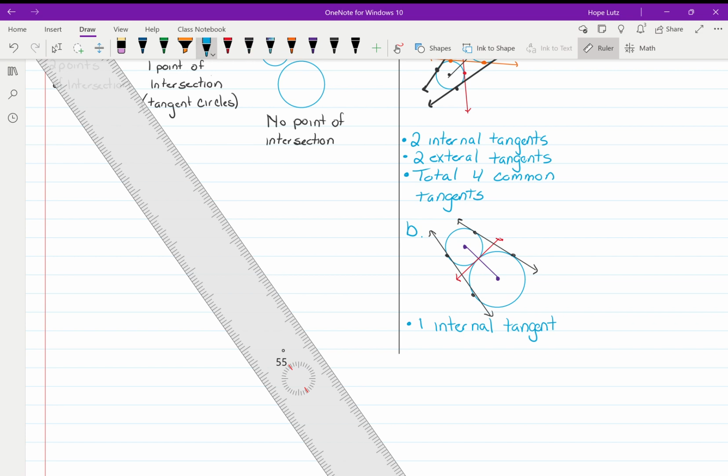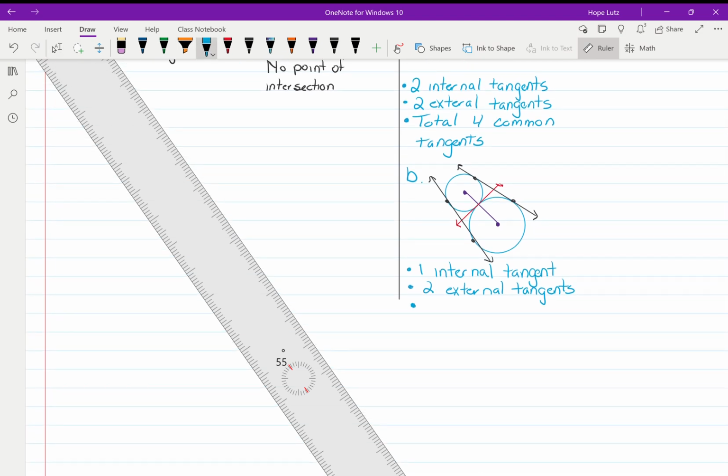So I have 2 external tangents. So I have a total of 3 tangents, common tangents.